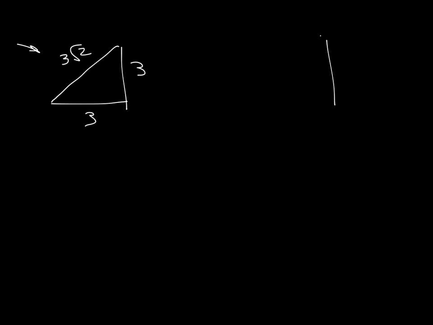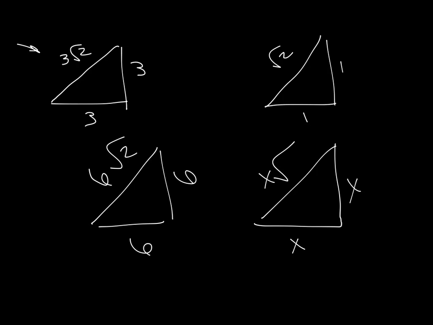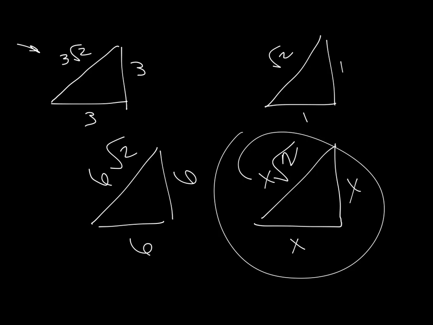So if this is 1, this is 1, this is square root of 2. If this is 6, this is 6, this is 6 square root of 2. And that's pretty much it for that. If you know that formula there, you'll be good for any of these problems.